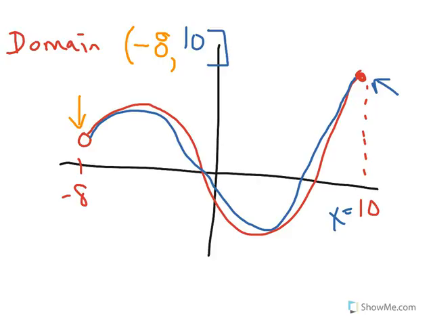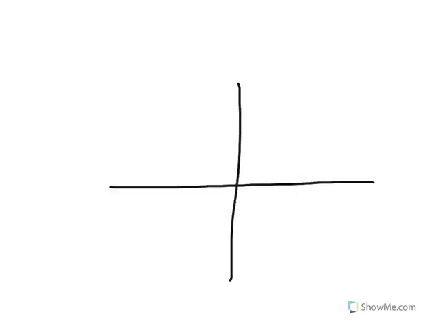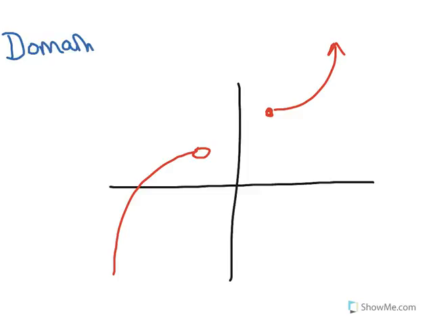Also keep in mind, if you have to pick up your pen or pencil, so let's say going back to another graph, if I have something that looks like this, and I'm looking to write the domain, notice that this graph is continuing, so we're going from left to right.